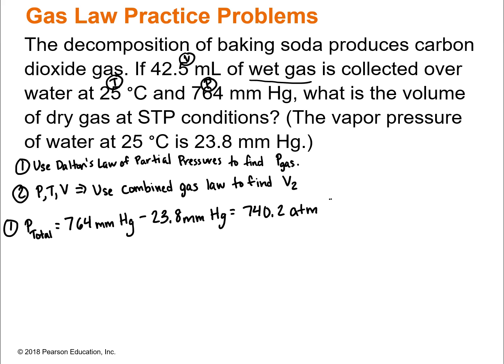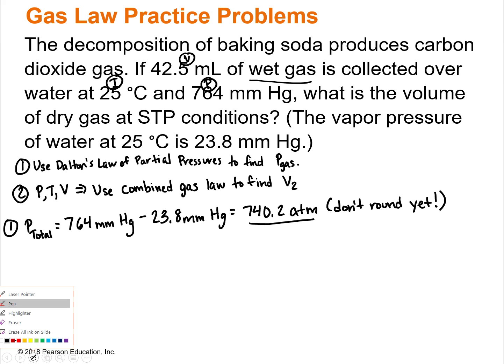We're not going to round here yet. So this is the pressure. Oh, whoops, I wrote atmospheres. It should be millimeters of mercury. We're not rounding yet because that's not our final answer. We're just trying to figure out what is the pressure of our gas.